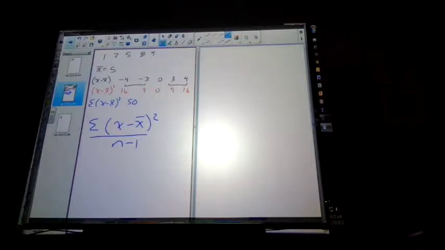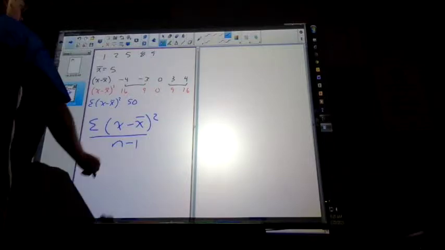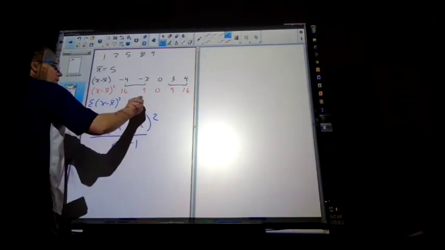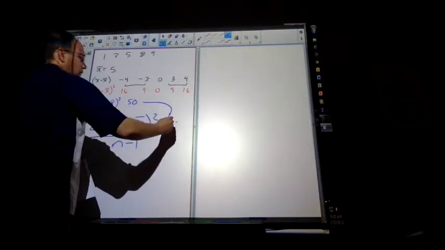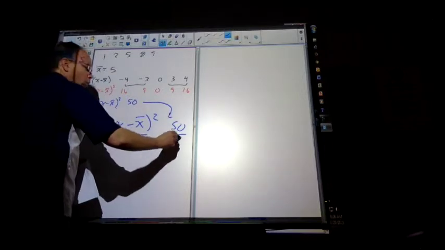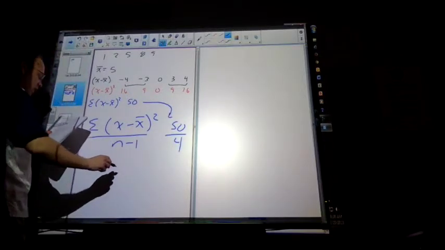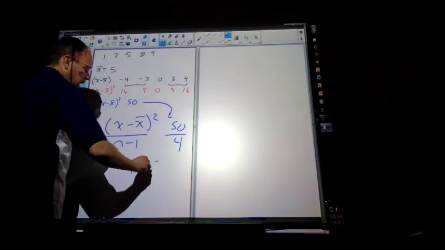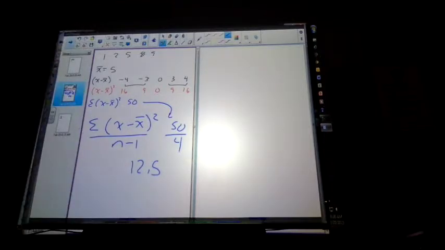Yeah, how many numbers are actually in the data? So how many numbers are in our data originally? 5. So we're going to take this numerator, which is 50, and divide it by 5 minus 1, which is 4. So that's going to come out to 12.5. What did we call that? Variance. Good.